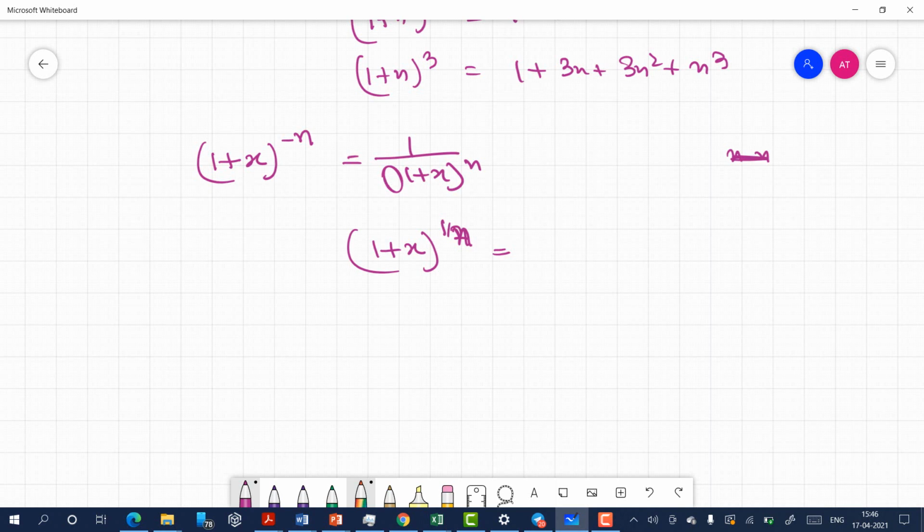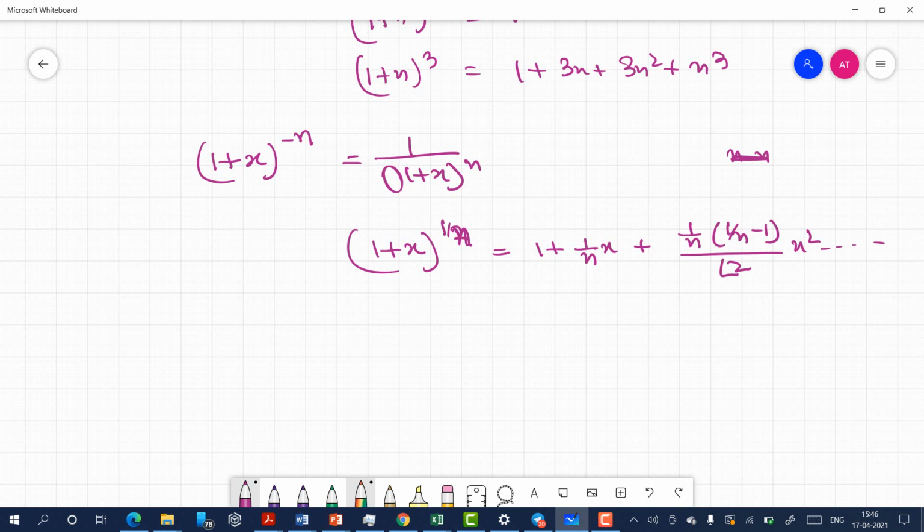you go to infinite series. And when you do it for fractions, you can break it as 1 plus nx, then n into n minus 1 divided by factorial 2 x squared and so on.